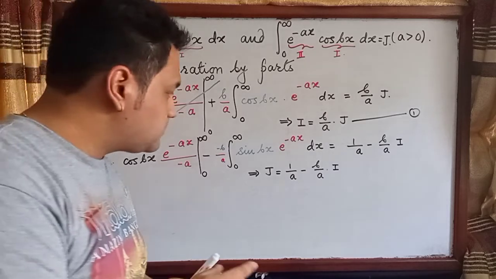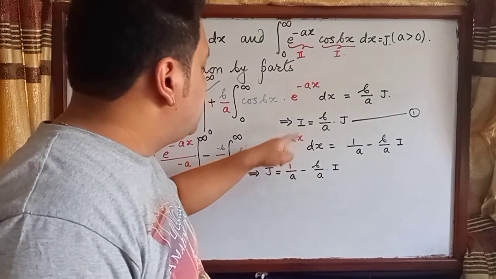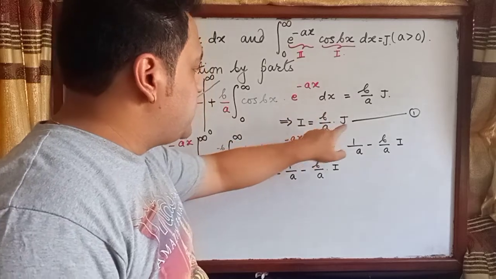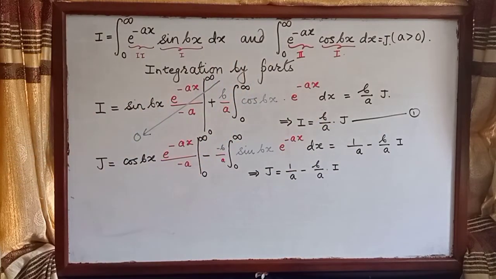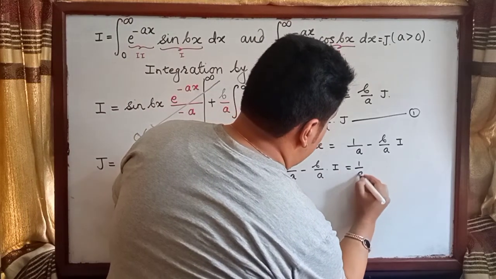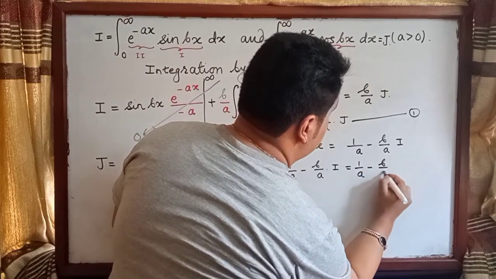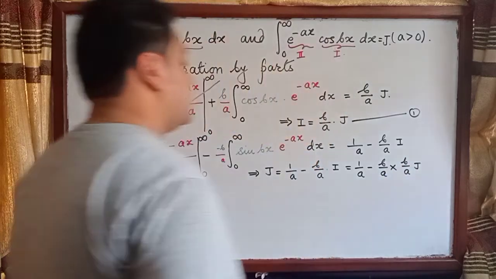Now, let's see. I means b over a times j. So we can write j is equal to 1 by a minus b by a times b by a j. Okay?